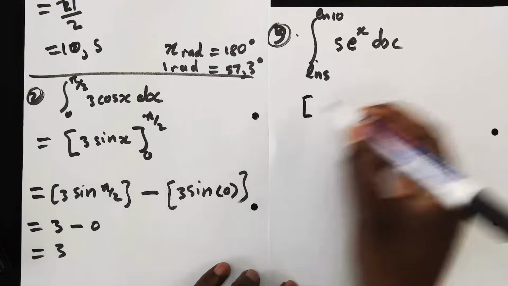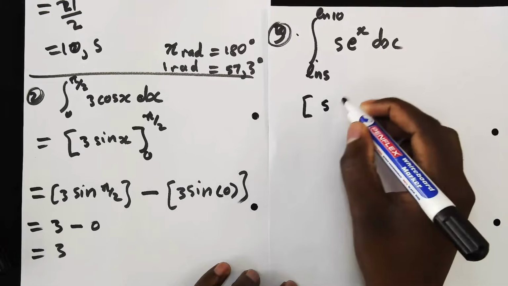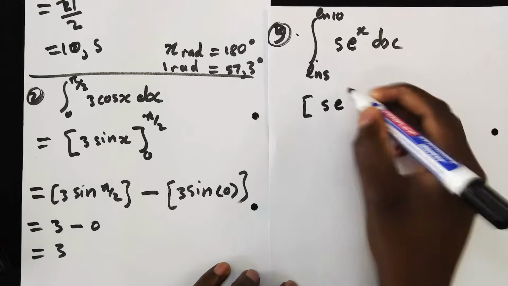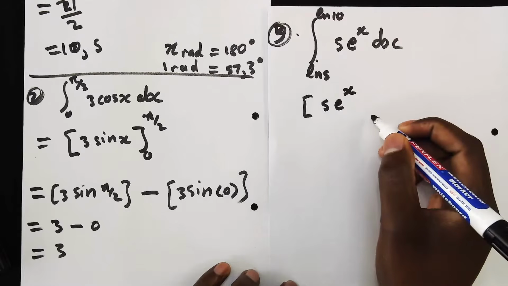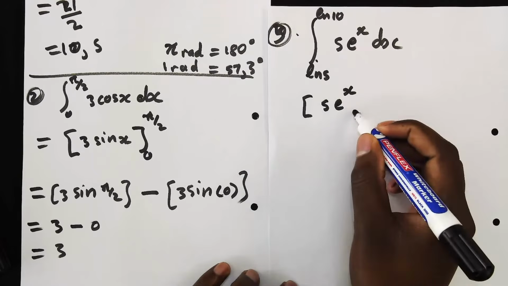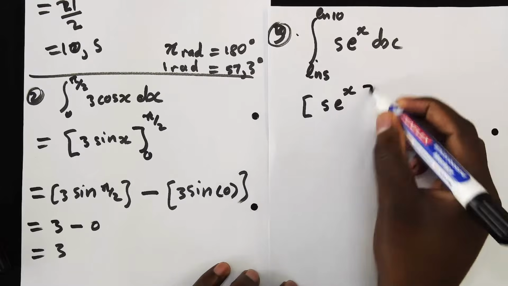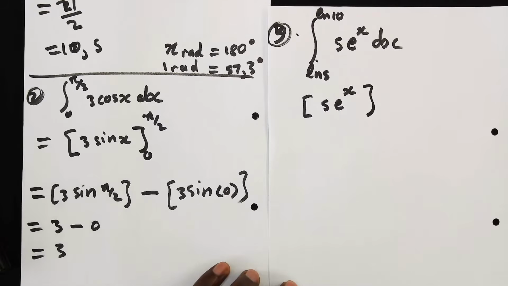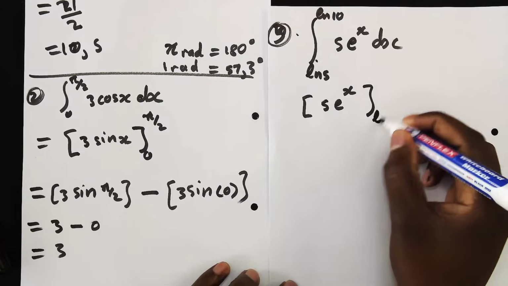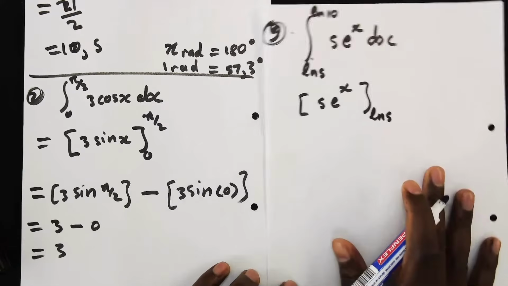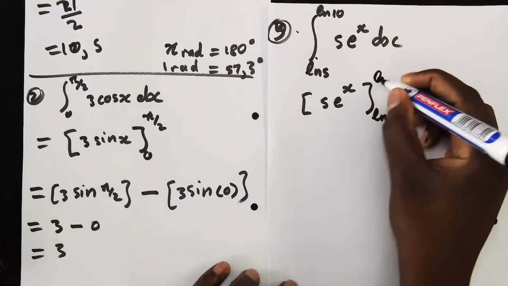So the integral of the following will be 5 times e to the power of x, isn't it? Therefore, we're supposed to divide by the derivative of the exponent and by ln e. But both are 1. Therefore, our lower limit to upper limit ln 10.